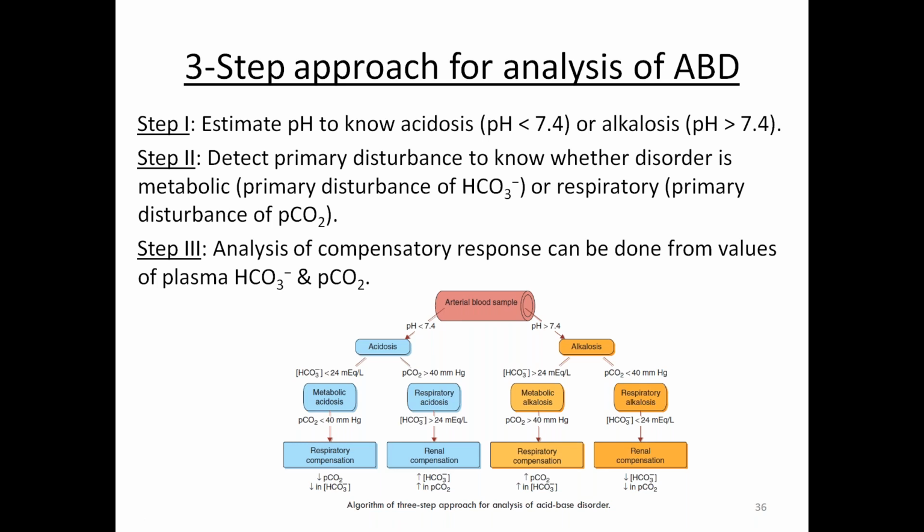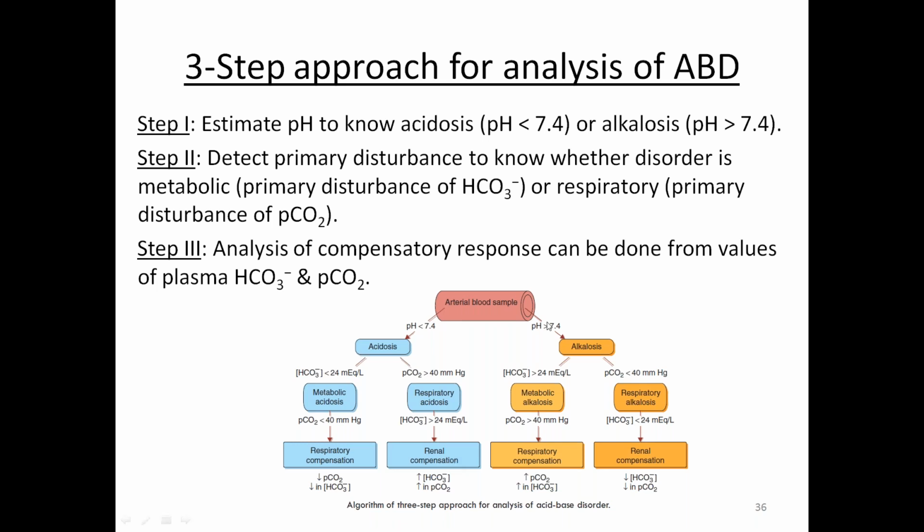And how do we know that? How do we confirm that? Because I gave you a bicarb value of 30. So here the bicarb value is increased more than 24 because it is trying to compensate. Okay. So this is a case of respiratory acidosis with renal compensation.